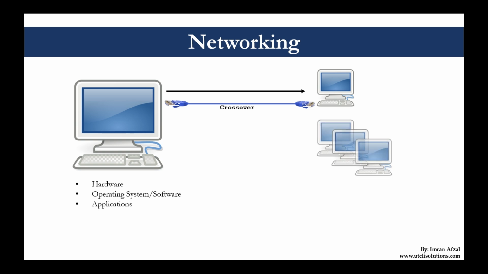Now, what if you have multiple computers within the same location? Then what you could do is put in a small switch with the port requirement that you have, depending on the computers you have. So you could connect your computer to that little switch with the Cat5 cable. Now, what is a Cat5 cable?